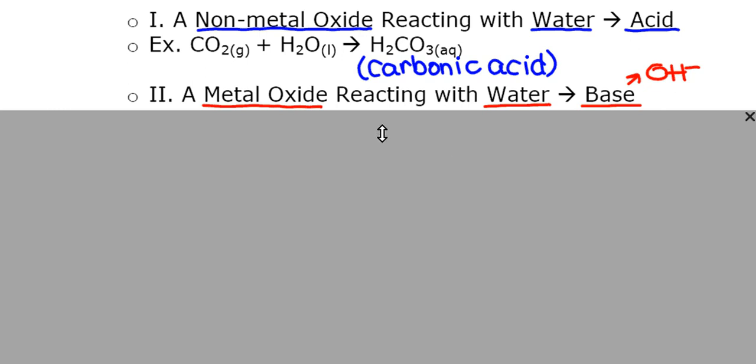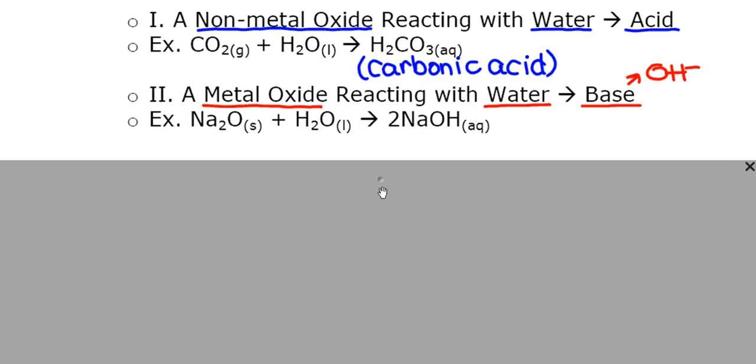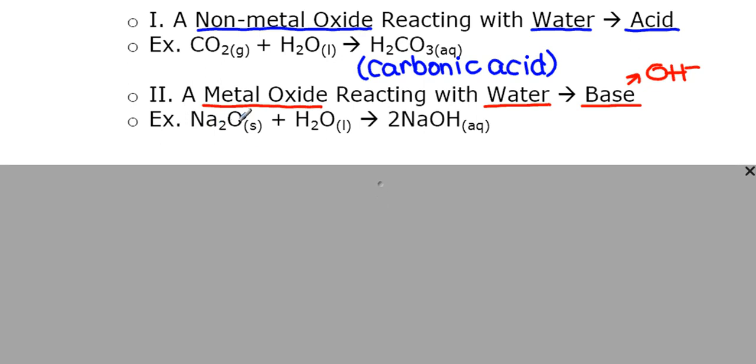So if we were to look at an example here, here's your metal oxide, Na2O, sodium oxide. Here's the water, and they combine to give you the base. So what you need to do when you're trying to figure out what your base is, you're going to take your metal, and it's going to have the hydroxide ion.